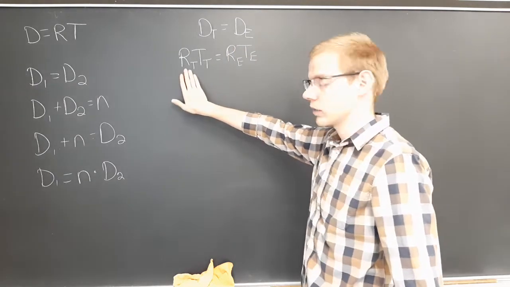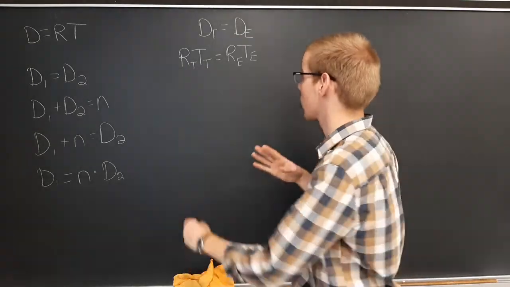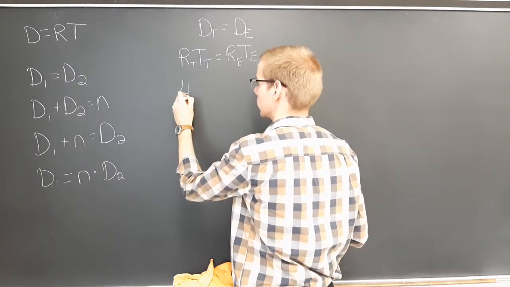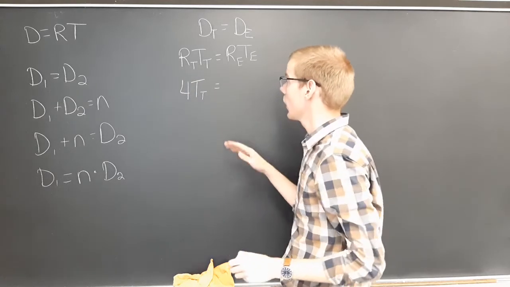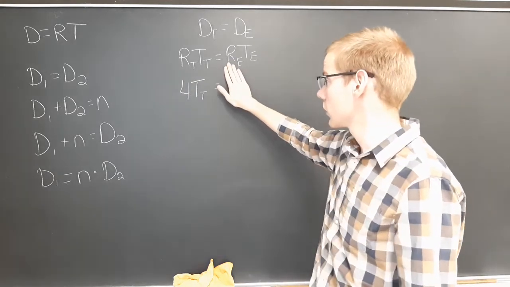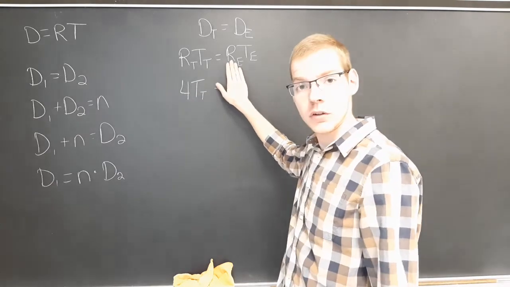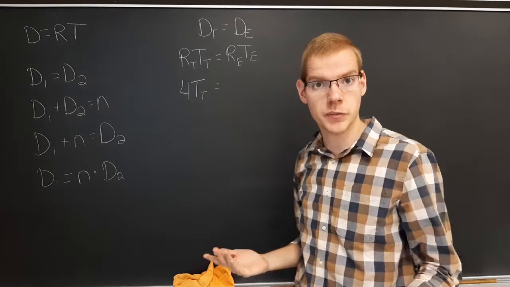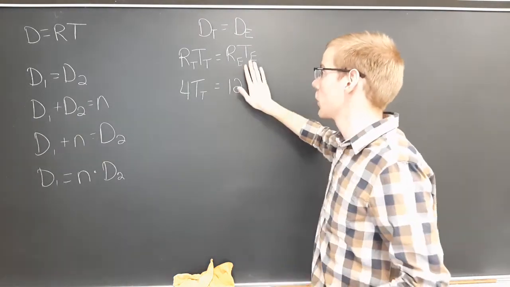Now the rate, Tim's rate is 4 miles per hour. And the rate, well, we don't know the time for Tim. Do we know the rate for Erica? It's 12 miles per hour on a bike. Now, do we know Erica's time?